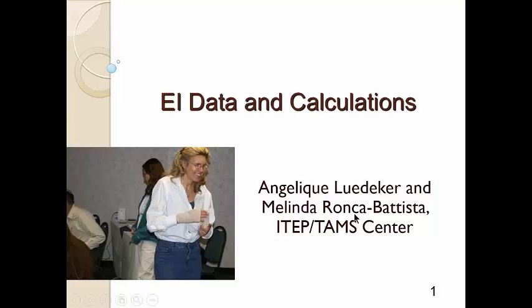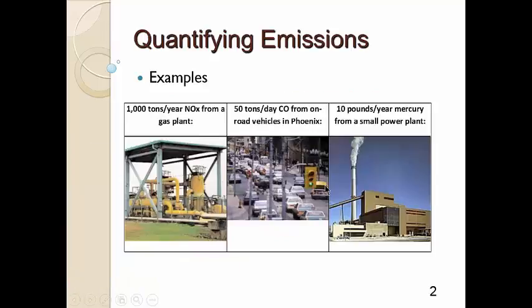Okay, great. So we are going to talk about calculations. This is just a picture showing you the types of sources and potential emissions. For example, NOx from a gas plant, the emissions are really surprising, how there could be 1,000 tons a year of something that's a gas, which means that when condensed, it's a lot of material.